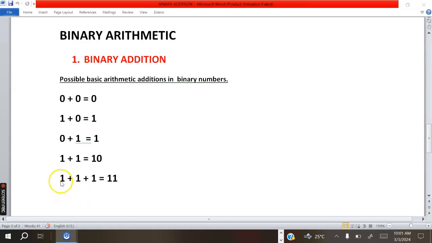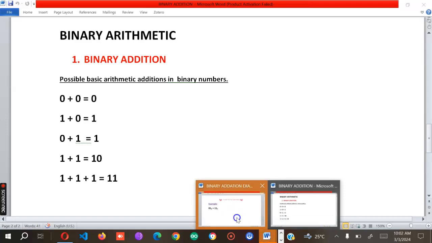For the other case, where we have 1 plus 1 plus 1, it will give you 1, 1, and remember, not eleven. 1, 1 is the binary equivalent of 3 in the base 10 number system. So these are the possible basic arithmetic additions in binary. As long as you are able to interpret these 5 cases, you'll be able to do the whole thing.